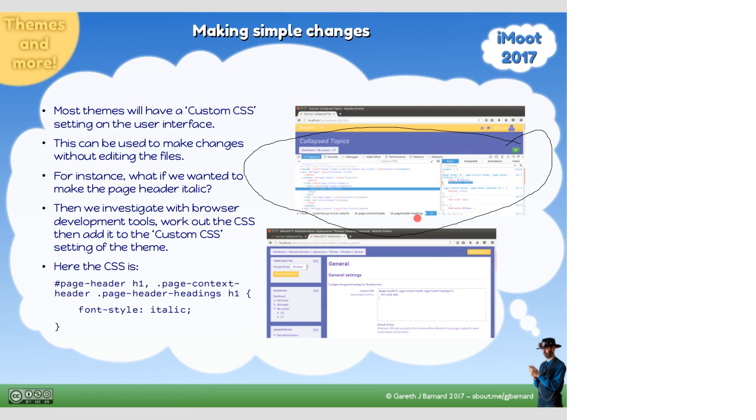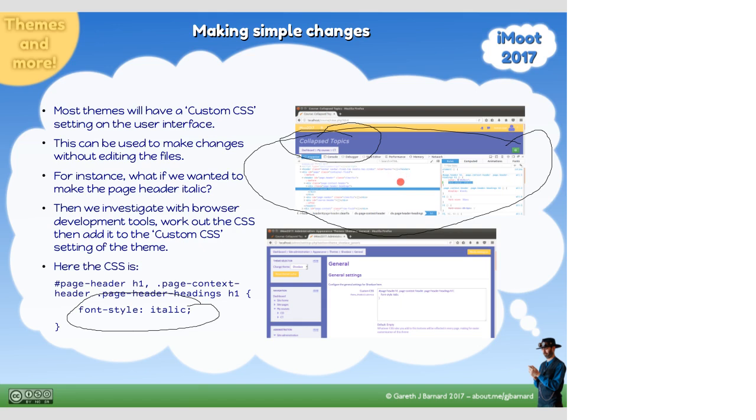For example, here, I've changed the header to italic by just simply doing that. I've tried it out on the page, which doesn't change it at the server end, which is great. Anything you muck around with here with your browser development tools won't change the actual site itself. So there's no fear factor going on.